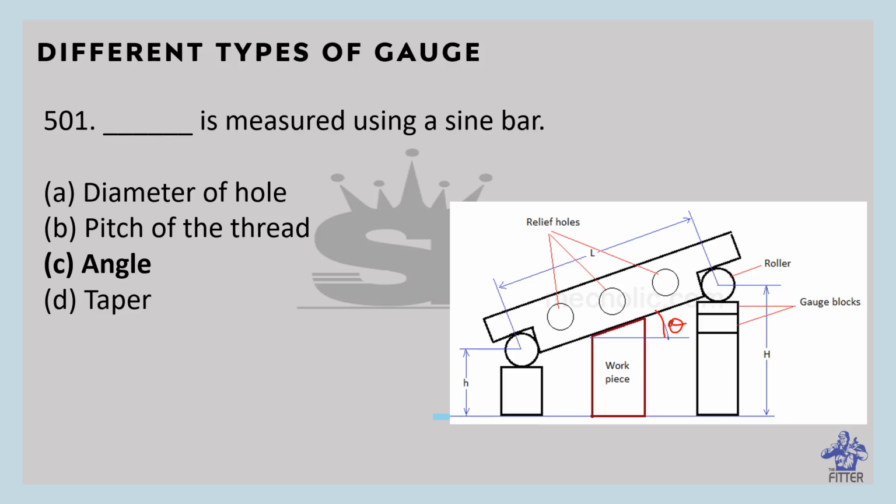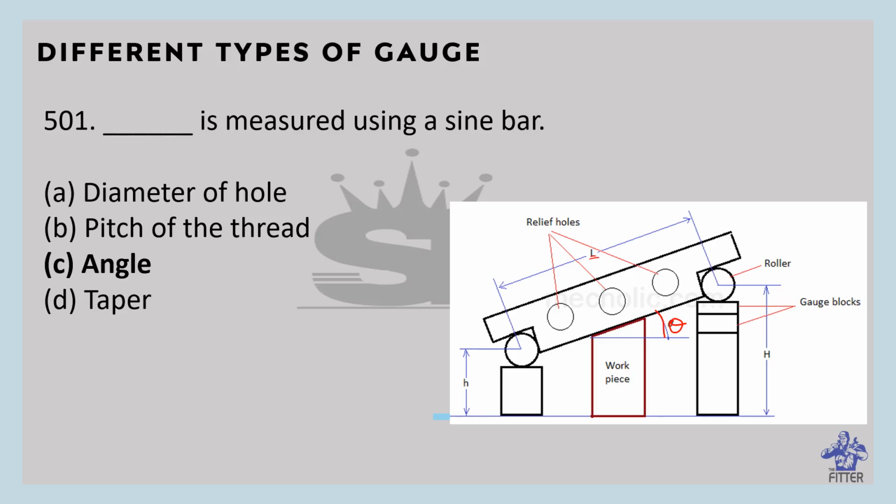The height of the slip gauges is considered as perpendicular, and the length of the sine bar is considered as hypotenuse. In a right angle triangle, the sine of an angle is the ratio of perpendicular and hypotenuse.